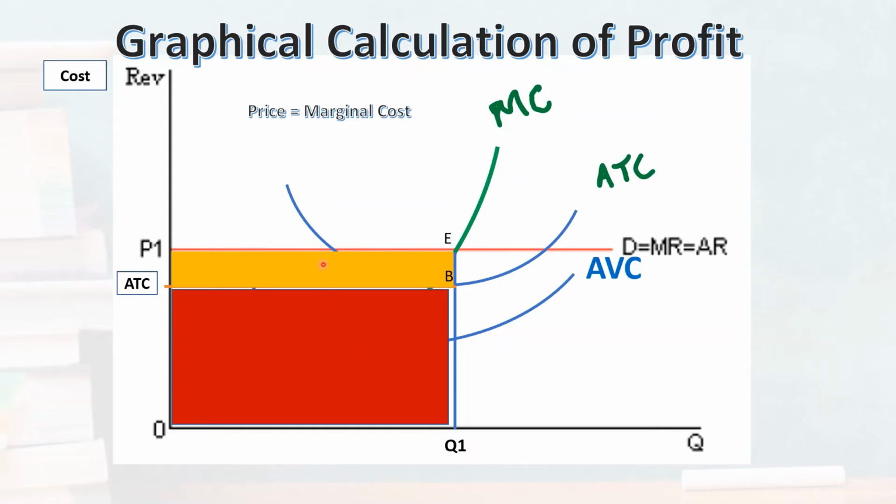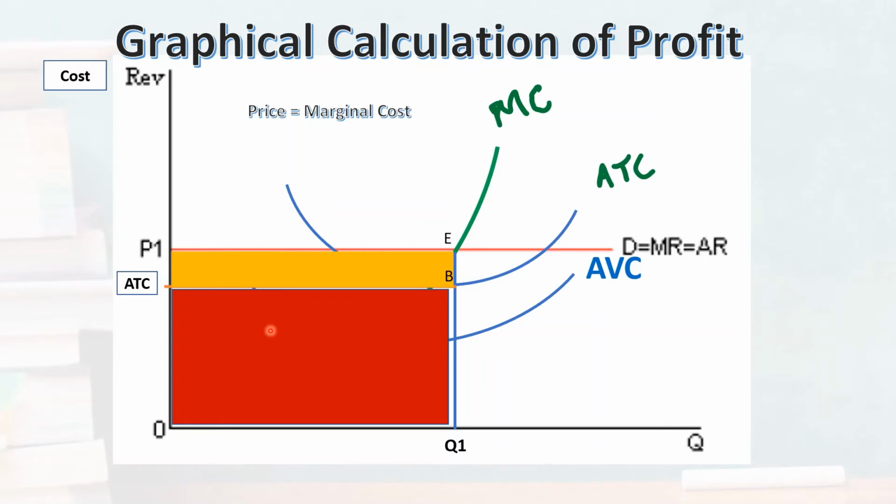This is the way you can determine diagrammatically the profit which a firm is earning. As this firm's total cost is lower than the revenues which the firm is earning, we can say that this firm is earning profit.